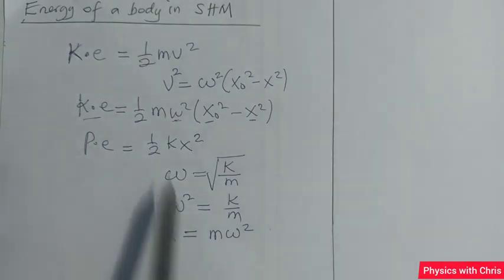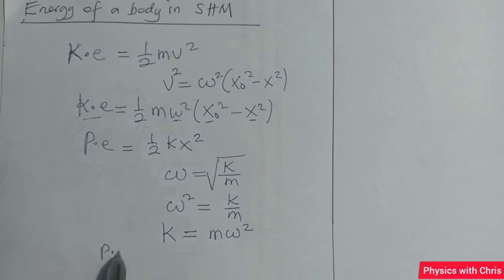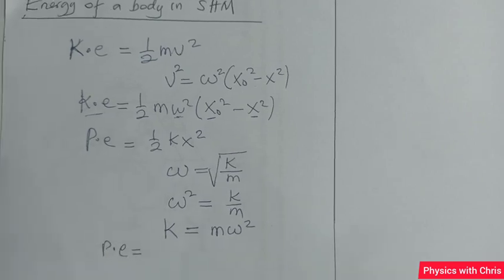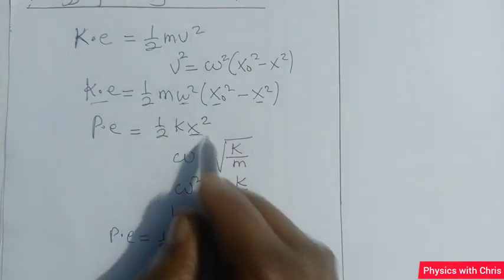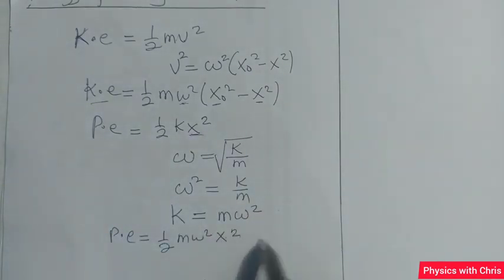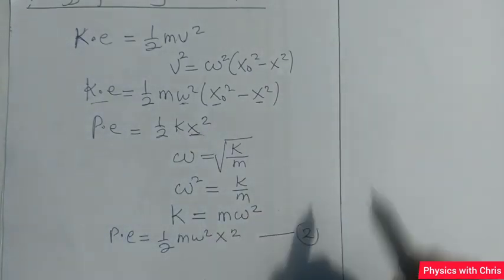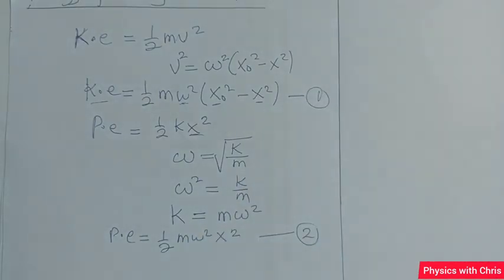I'm going to replace that in the equation for potential energy of the body in simple harmonic motion. That gives me half m omega squared x squared. So let me call this equation 2. I should have called the earlier one equation 1. So these are the two equations.